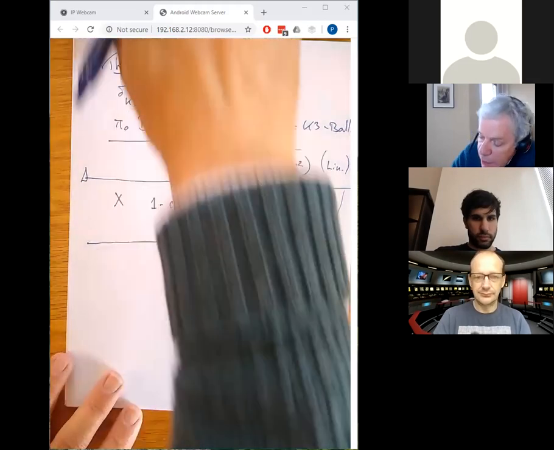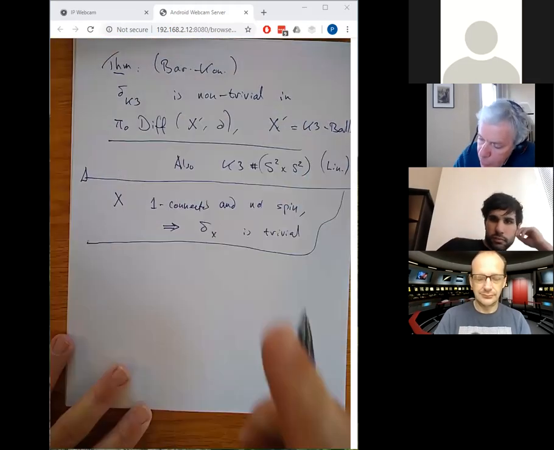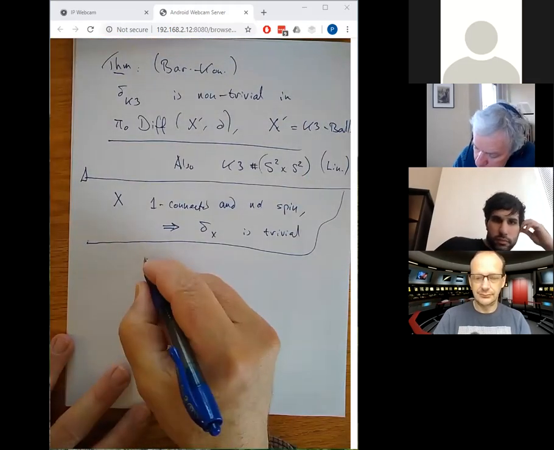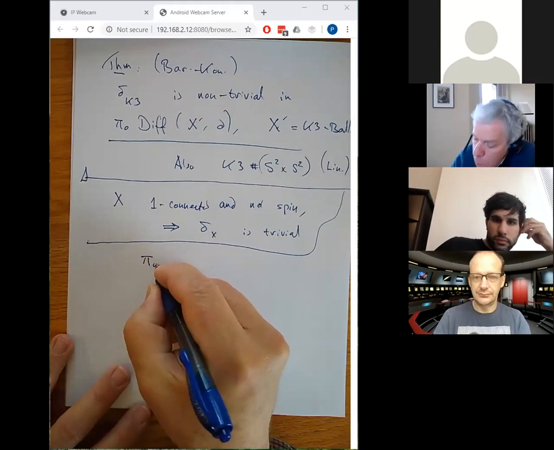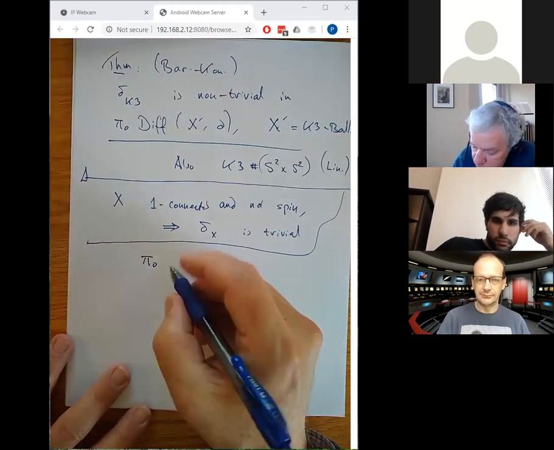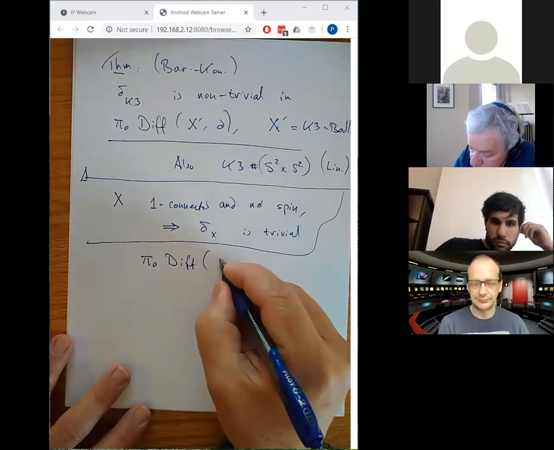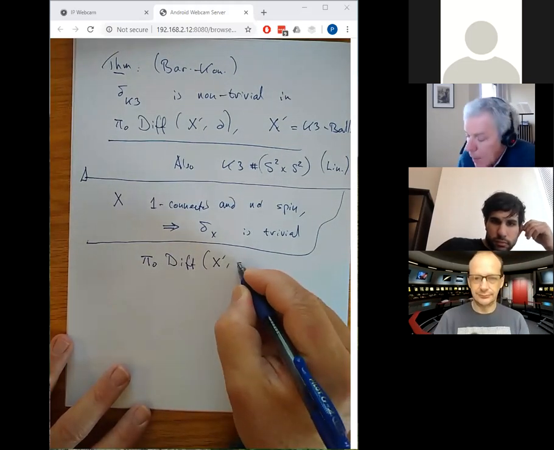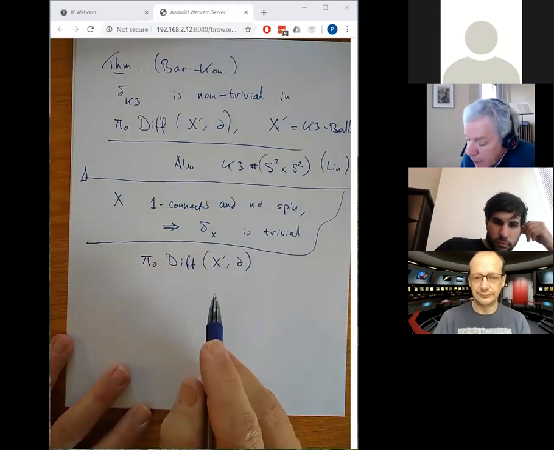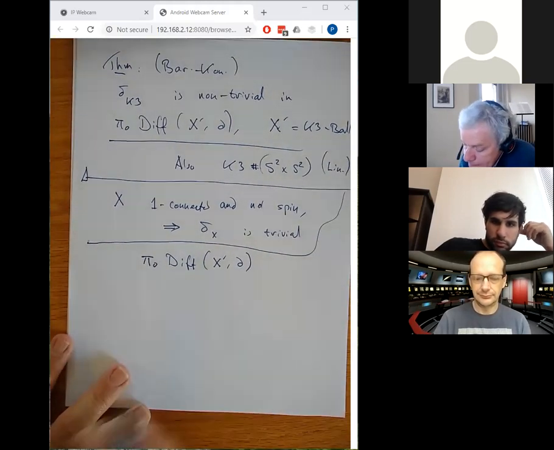We're interested in pi0 of the diffeomorphism group of this manifold X prime rel boundary. X prime is a closed manifold minus a ball, and the boundary is a sphere.